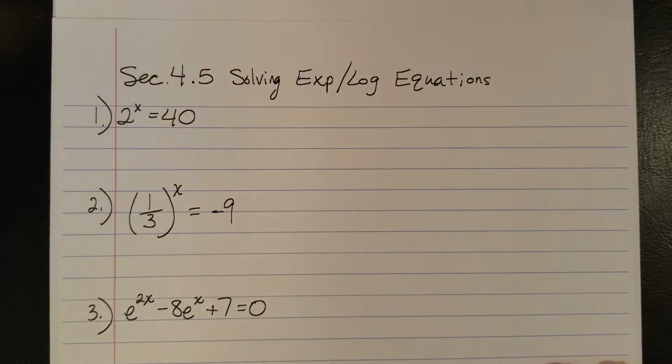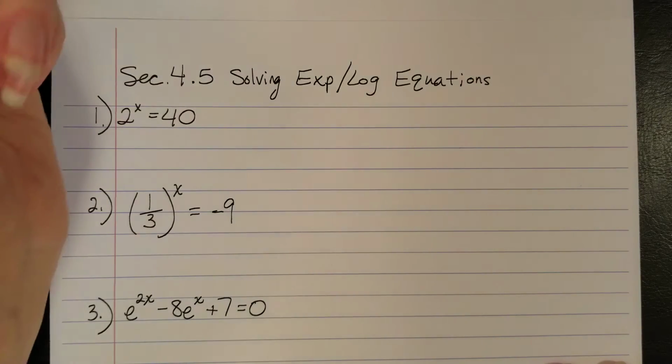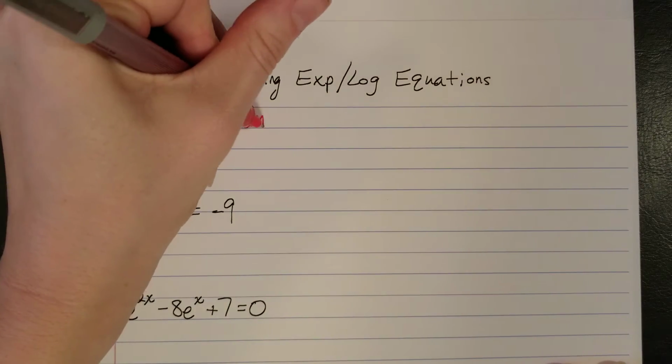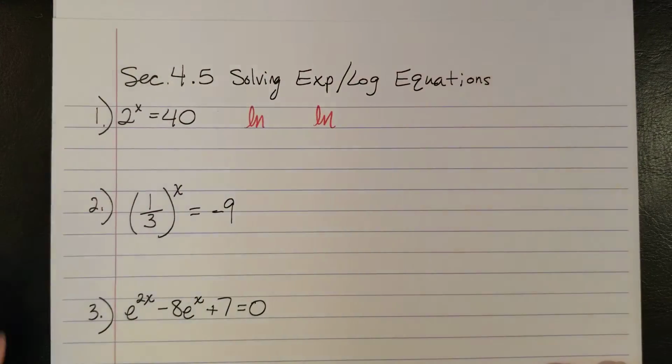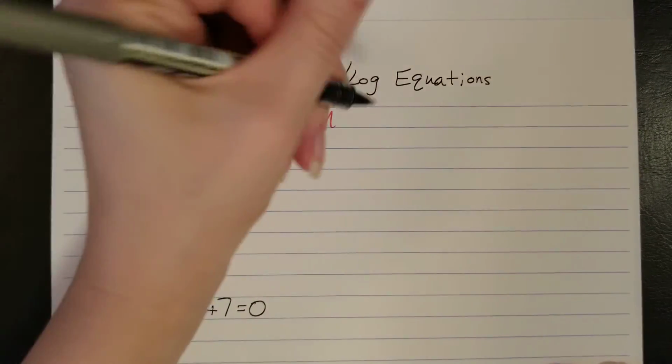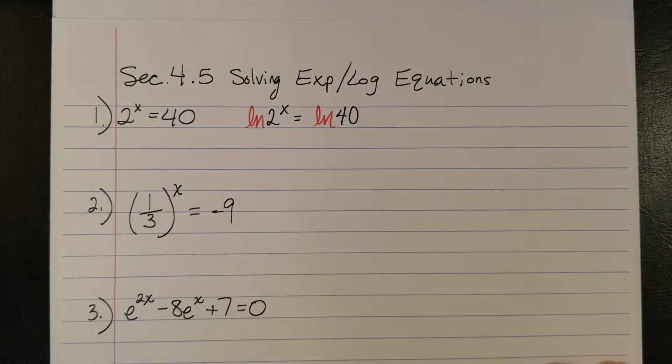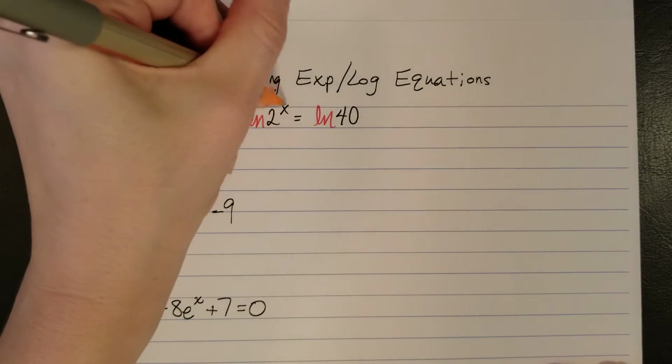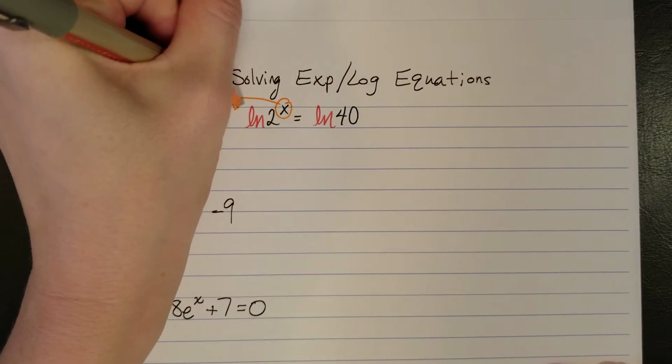So if we took the natural log of both sides, ln of 2 to the x equals ln of 40. Then you could take the x and put it in front there.